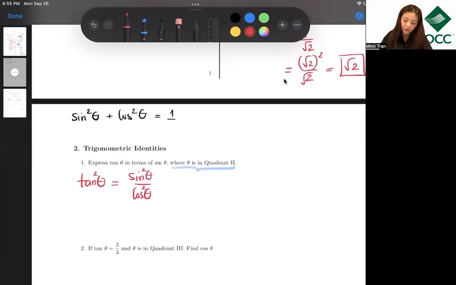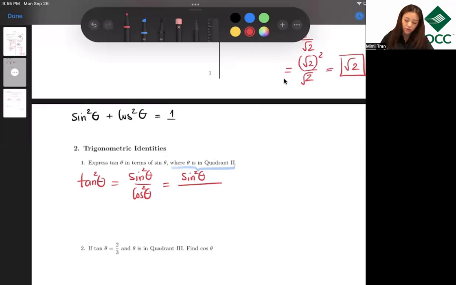Again, remember, we want to write tangent theta in terms of sine. So all the terms that are not sine, we're going to try to convert into sine. The top is sine squared theta. So far, it looks okay. I'm going to leave it like that because at least it's in sine terms. Now for the bottom, I'm going to transform the cosine into a sine term using the Pythagorean theorem.